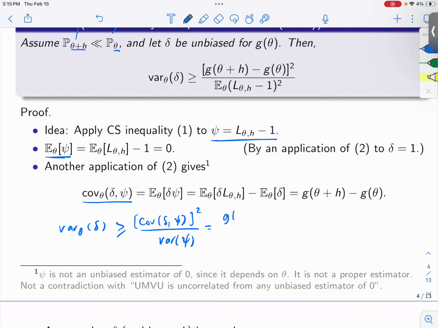This would be g of theta plus h minus g of theta, squared, divided by the variance of psi. Because the mean is 0, the variance is just the expectation of psi squared. So you get the bound. The only thing you need to do is verify this covariance and this zero-mean assumption.